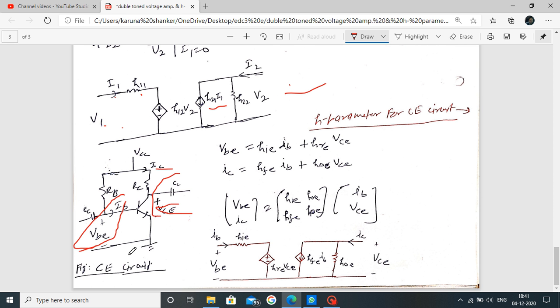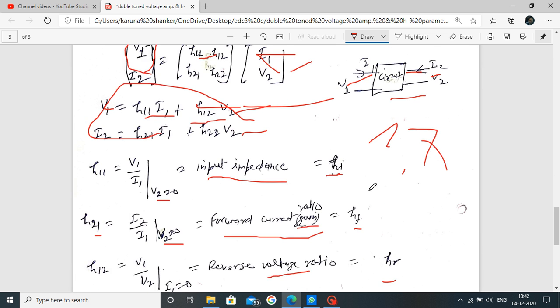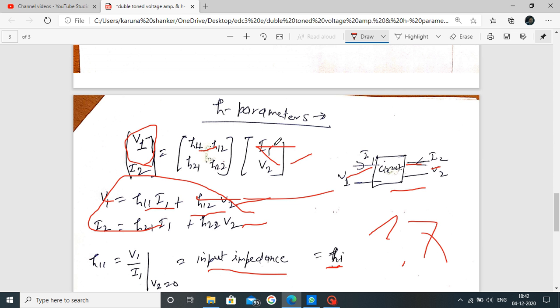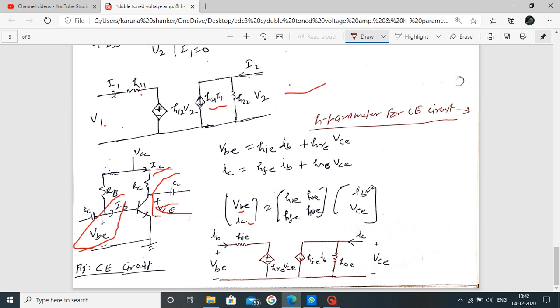Similarly VBE is the input side and the output is IC, that's why we use it here. Similarly, I1 on the input side and V2 on the output side; the input current I1 is IB and the output voltage is VC. Now the notations: this is H11, this is H12, this is H21, this is H22.